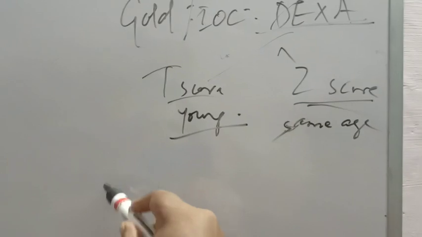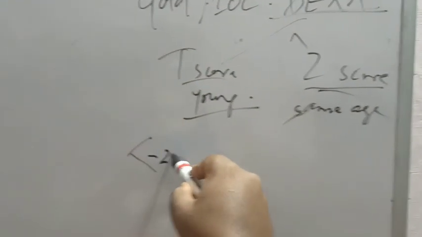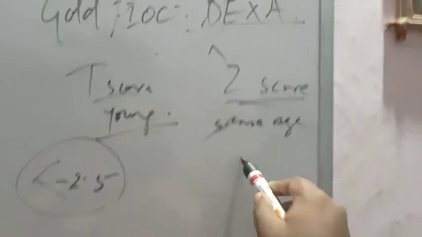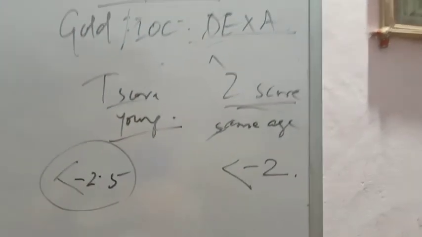So same age, that is age matched, is Z score, and if you are comparing with young people, then it is T score. So always remember that less than minus 2.5 you diagnose osteoporosis for T score, but for Z score it should be less than minus 2.